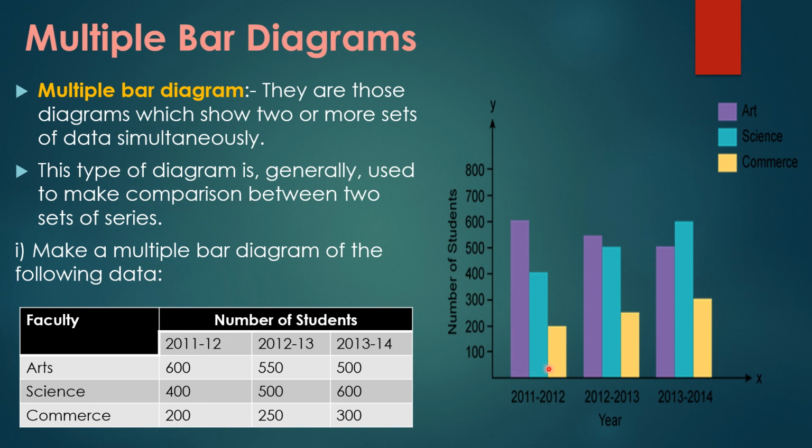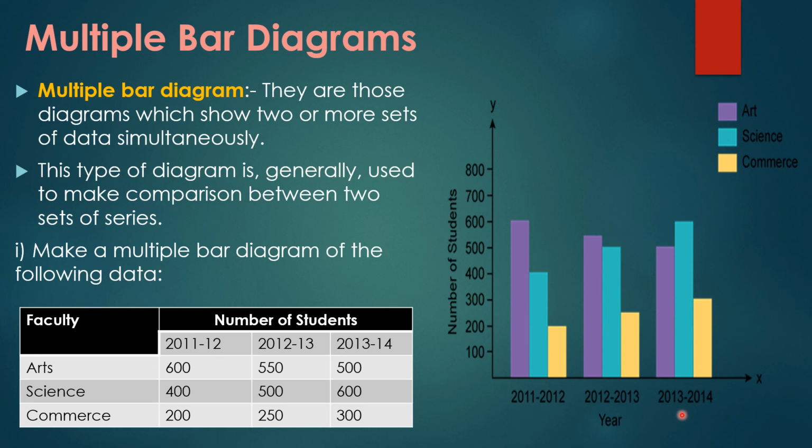So these three together are arts, science and commerce of the year 2011-12. There is no gap between the three bars, and the three bars combined give the three sets of data, which is a multiple bar diagram. Similarly, in the same way we will make it for 2012-13 and 13-14 also. In this way, we have presented the data in the form of a multiple bar diagram.